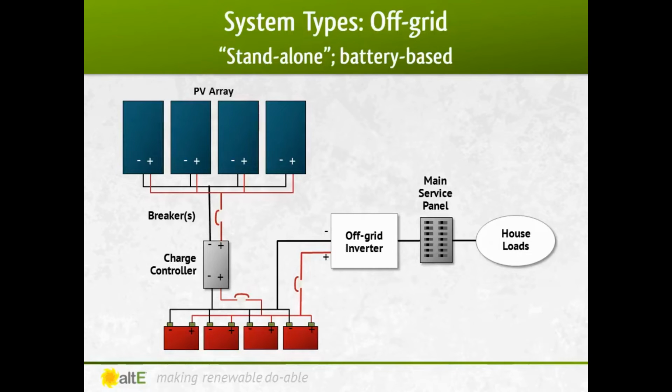Off-grid systems consist of the solar panels, the charge controller, which manages charging the batteries, the battery bank, and if AC devices are used, an inverter to convert the DC power from the batteries to AC like you have available in the wall sockets. Many off-grid systems have a backup power source like a generator for times when the sun is not providing enough power for your needs.